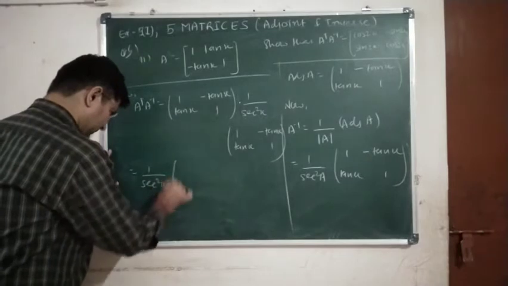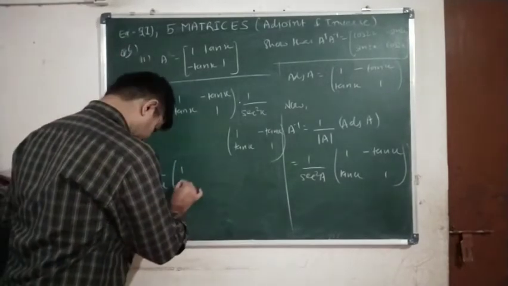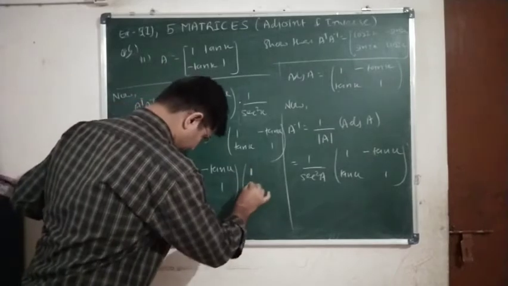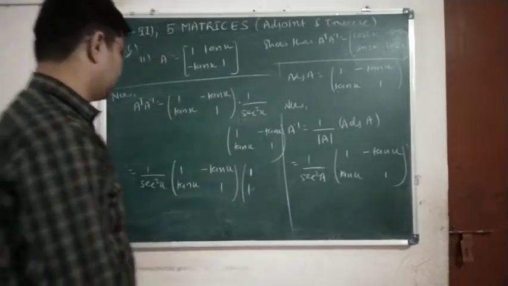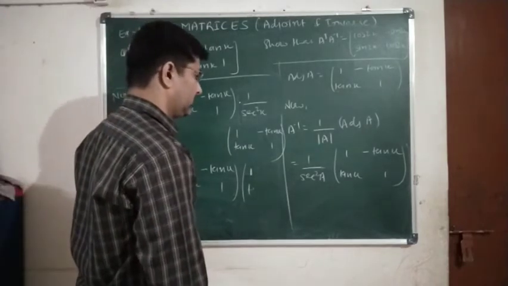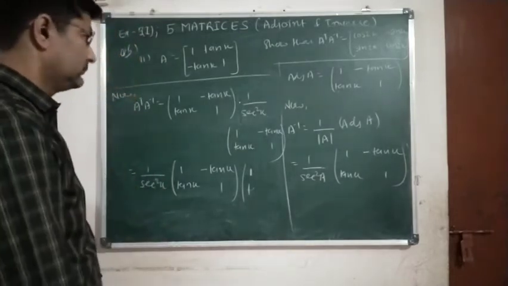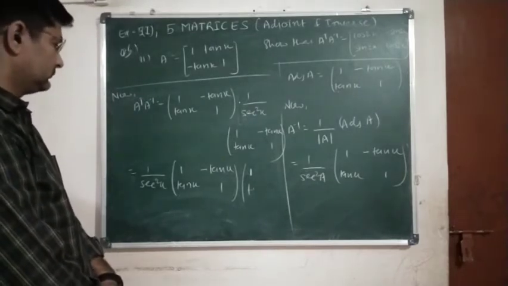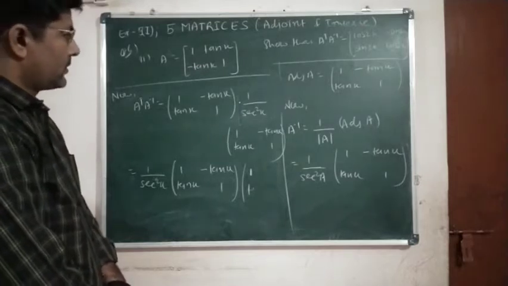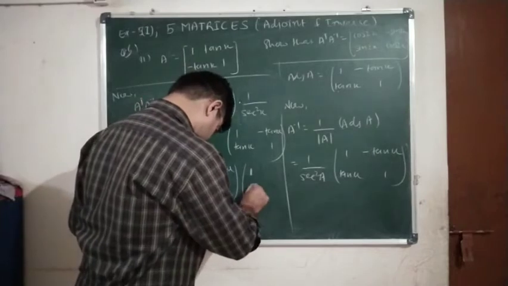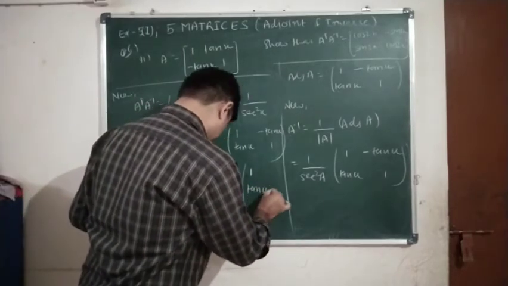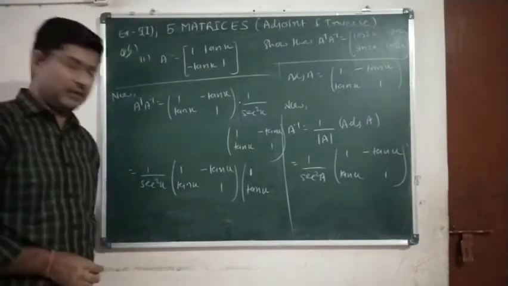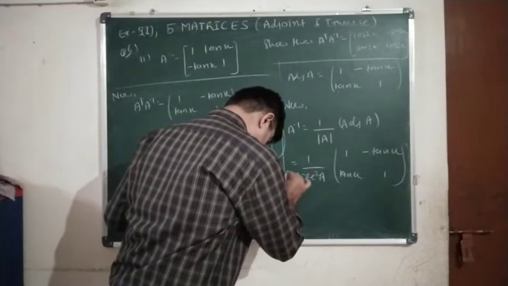Now, A transpose and adjoint of A have the same values, yes or no? So [[1, -tan x], [tan x, 1]].